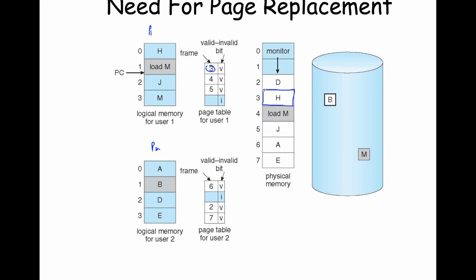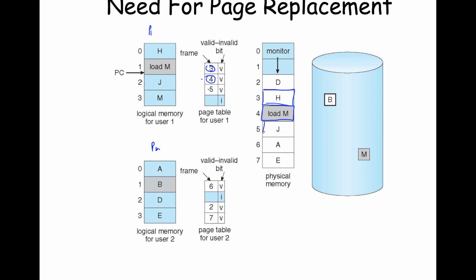It has this H. And then likewise, we have page 1. If we go to the first position in our page table for process P1, we see that it's loaded in frame 4, and that frame 4 has an instruction that we'll talk about a little bit later. Likewise, page 2 for process P1 is loaded in frame 5.